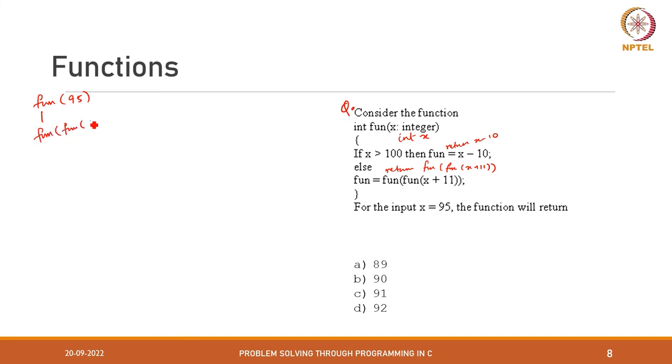Okay. Now let us evaluate this inner part first. So fun of 106. Fun of 106 is basically greater than 100. So it will return the value, let me write it like this, 106 minus 10, which is 96. So now what this became?